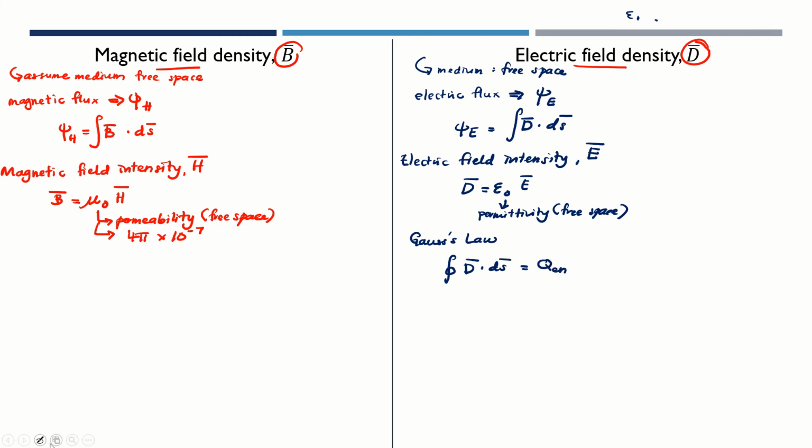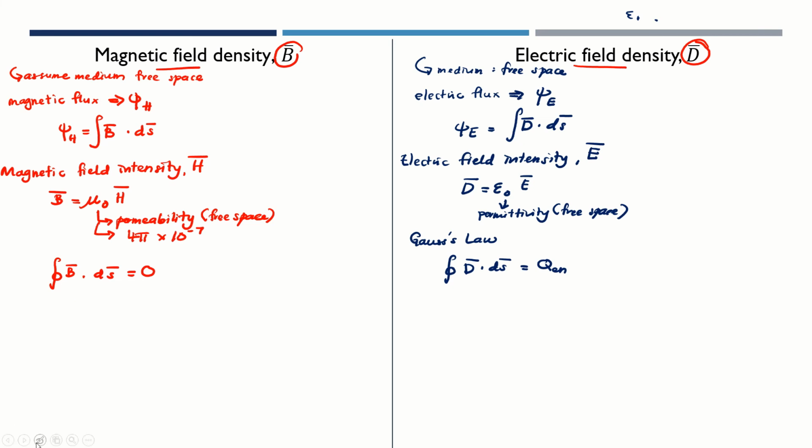And for the magnetostatic field, we can say that the closed loop integration of B, which is the magnetic field density, dot dS is always equal to 0.